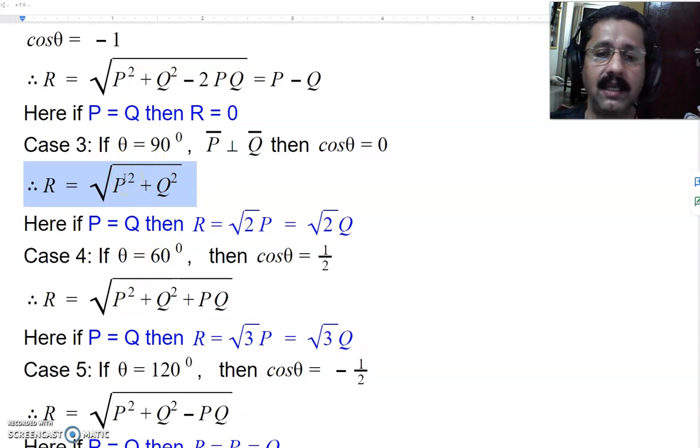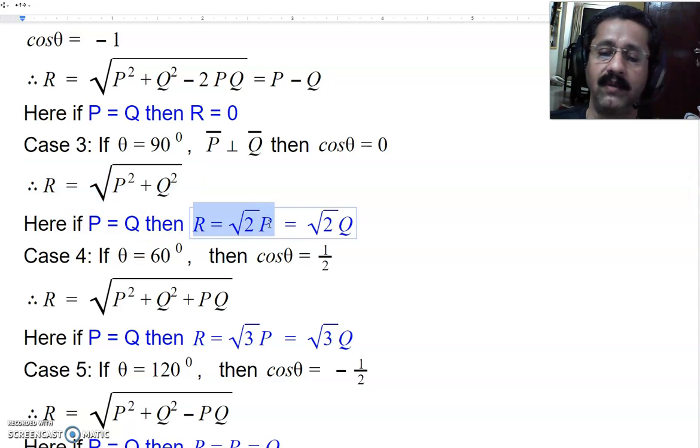Once again, if P and Q are equal, then R is equal to root 2 times each of the vectors, either root 2 times P or root 2 times Q. The further two special cases are not really special cases, but I have added them because in most multiple choice questions these things frequently come. Theta equal to 60 degrees and 120 degrees, and we have to use them very frequently.